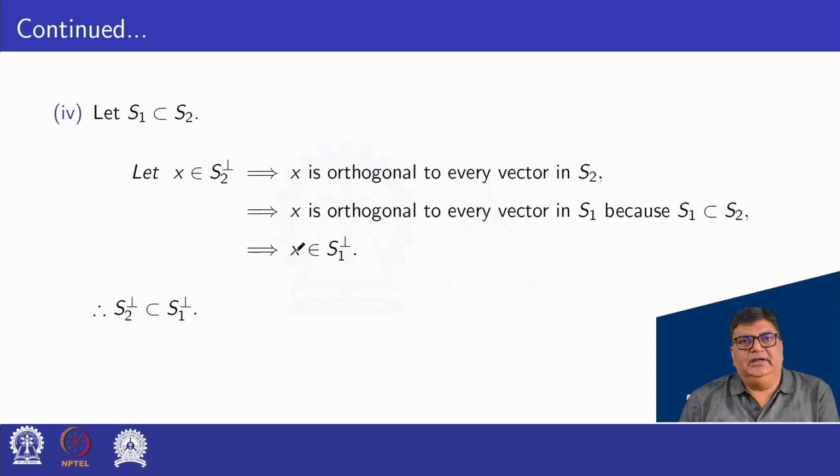This implies that x is an element of S1 perpendicular. So x belonging to S2 perpendicular implies x belonging to S1 perpendicular. Therefore, S2 perpendicular is a subset of S1 perpendicular.